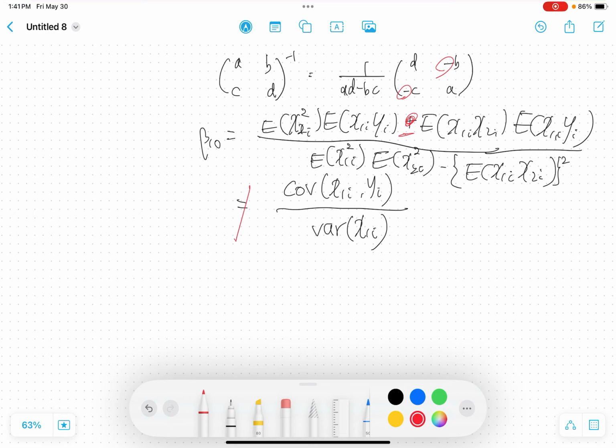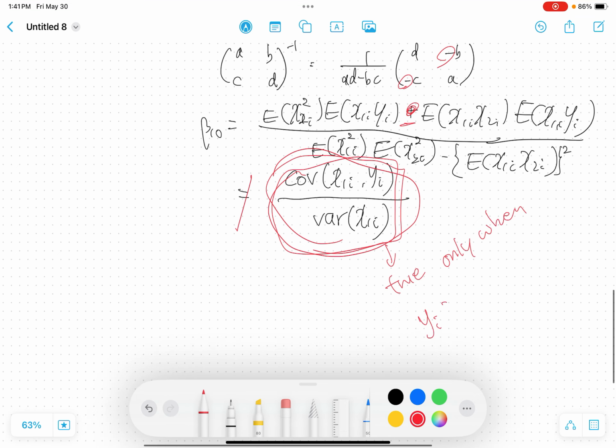And also, this equality is obviously wrong. I told you many times about this. I don't know why you are sticking to this formula. This is true only when y is alpha 0 plus beta 0 xi plus epsilon with scalar x. Xi must be a real number and there must be an intercept, right?